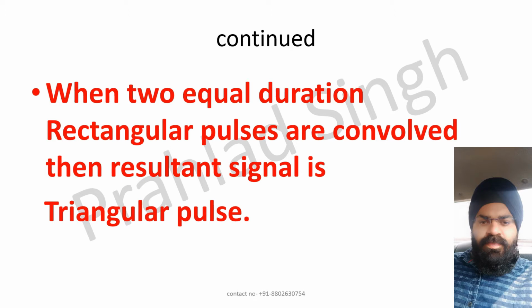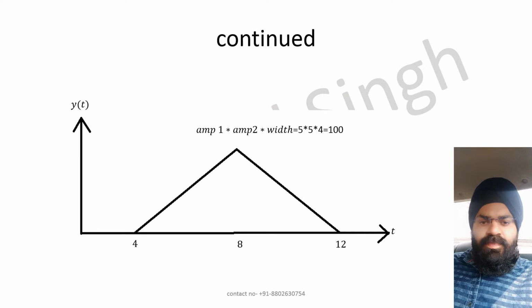So for that we have to remember this rule. When two equal duration rectangular pulses are convolved, then the resultant signal is a triangular pulse. In this triangular pulse, the lower limit is the addition of the lower limits. Remember, the lower limit of both signals is 2. So 2 plus 2, the lower limit will be 4 here. The upper limit of both the signals is 6. So 6 plus 6, 12.